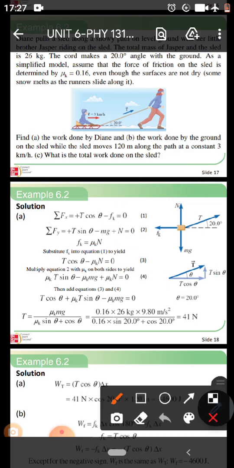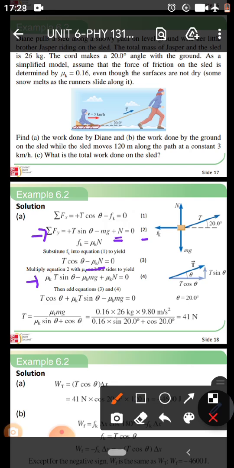Okay, then multiply equation 2 by mu k, so that what we're trying to do is eliminate the n's. When you multiply this equation by mu k, then when we add them, this one will cancel this one. So this will be the next step.